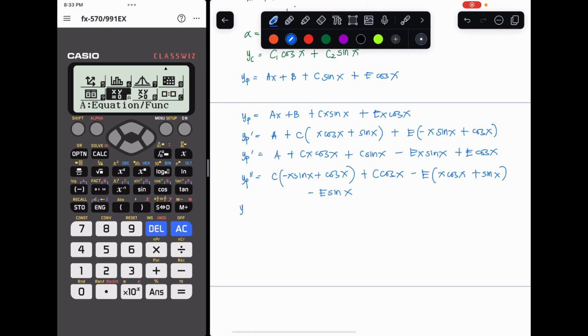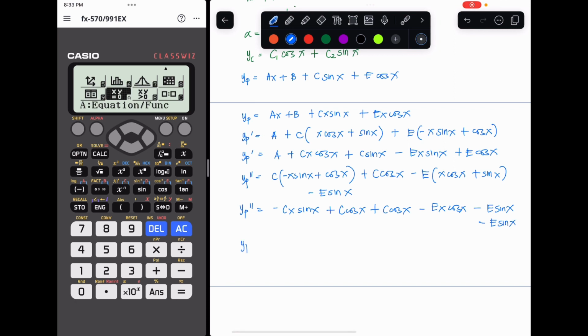Distributing it out, that gives negative cx sine x plus c cosine x plus c cosine x minus ex cosine x minus e sine x minus e sine x.